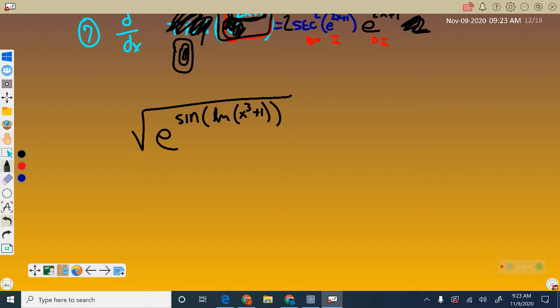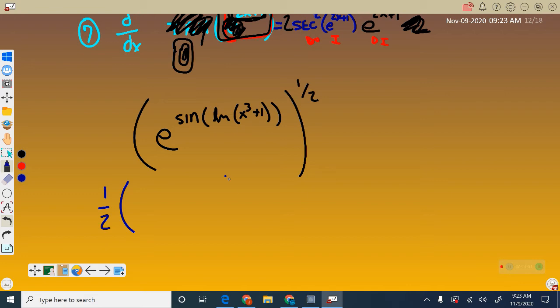What I'm going to first do is say I don't like the square root part, and instead I'm going to call it to the 1/2 power. When I take the derivative of the outside it's 1/2, and your new exponent will be negative 1/2, but we keep the inside the same. The inside is all this, e to the sine of ln of x cubed plus 1. So that's your first derivative of the outside with respect to the inside.